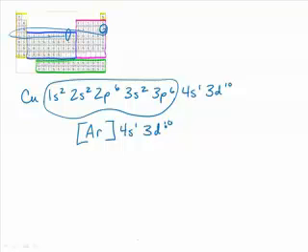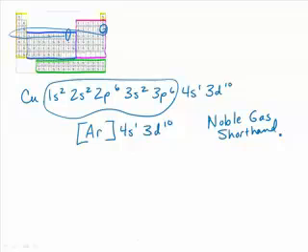Okay? This is called noble gas shorthand. And it's just an abbreviated way to write electron configurations. For this class, you may use either form.